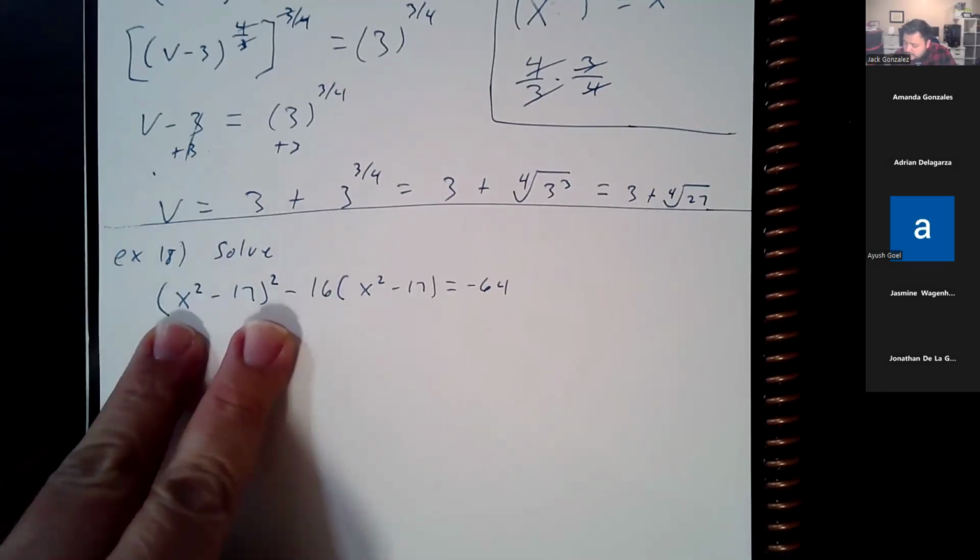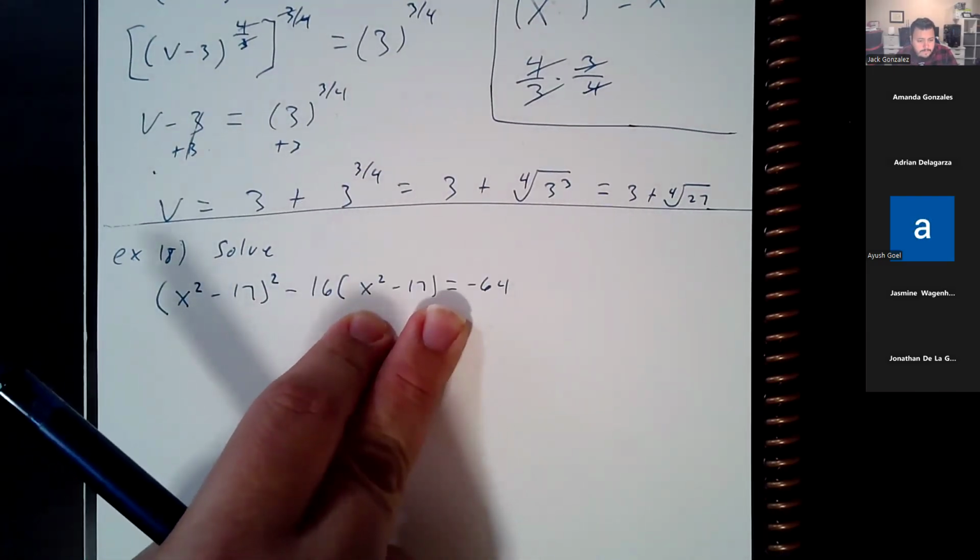So notice you have something squared and then the same thing not squared.